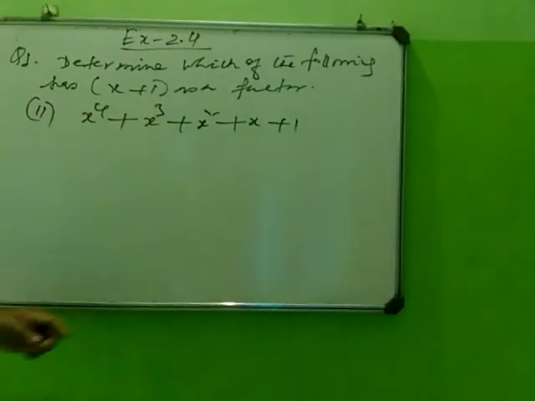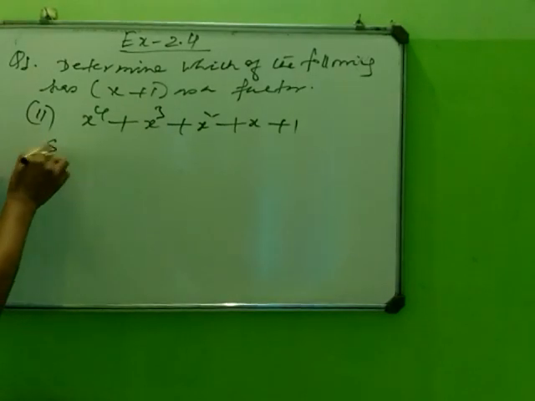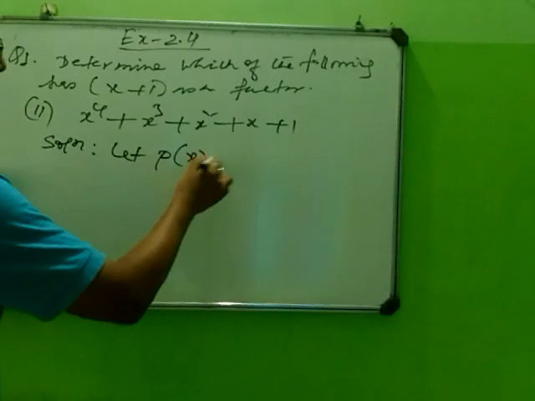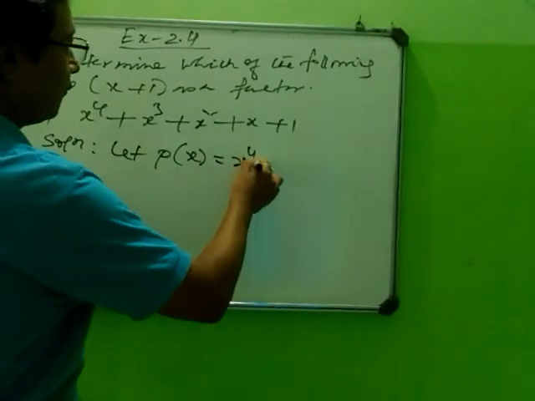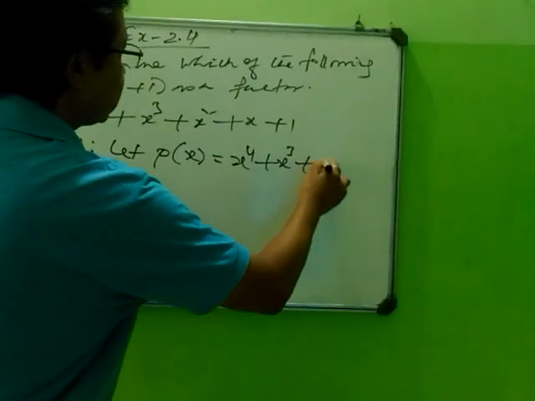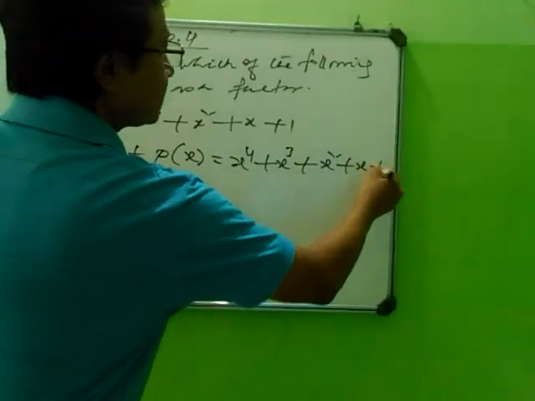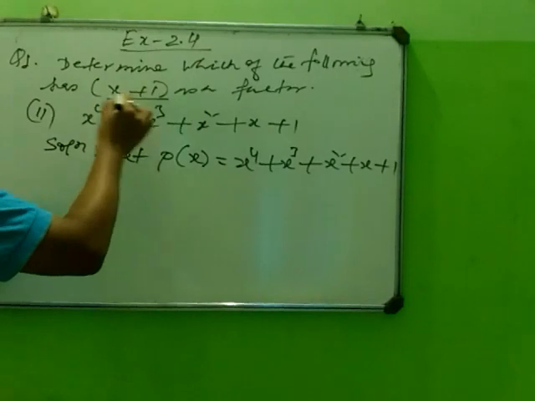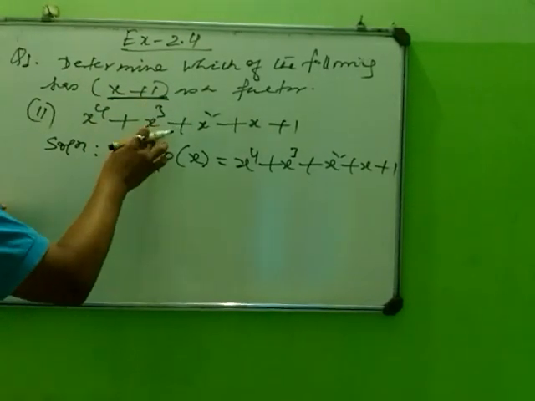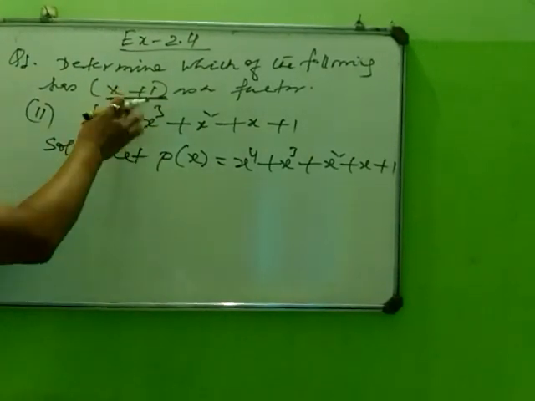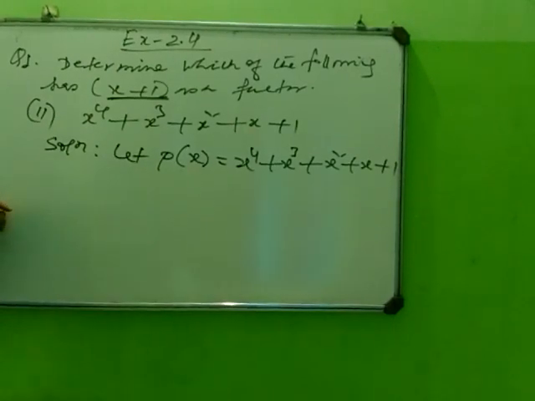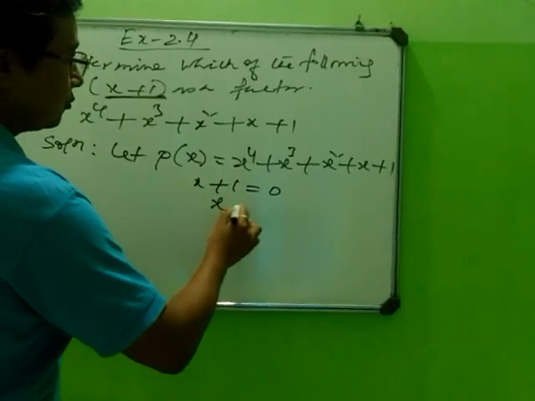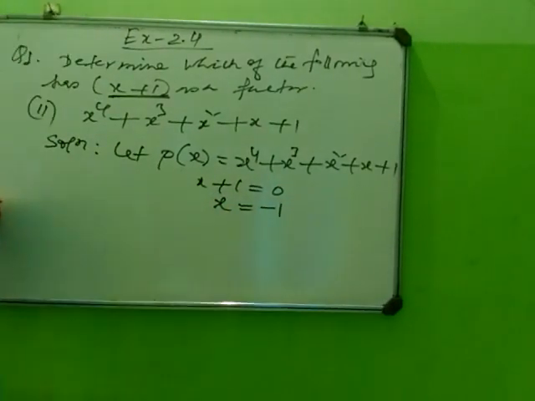Now, you will name this polynomial. Solution. Let p of x equal x to the power 4 plus x cubed plus x squared plus x plus 1. This is the divisor and this one is the dividend. You will make the divisor equal to 0, so x plus 1 equals 0, so x you get as minus 1.